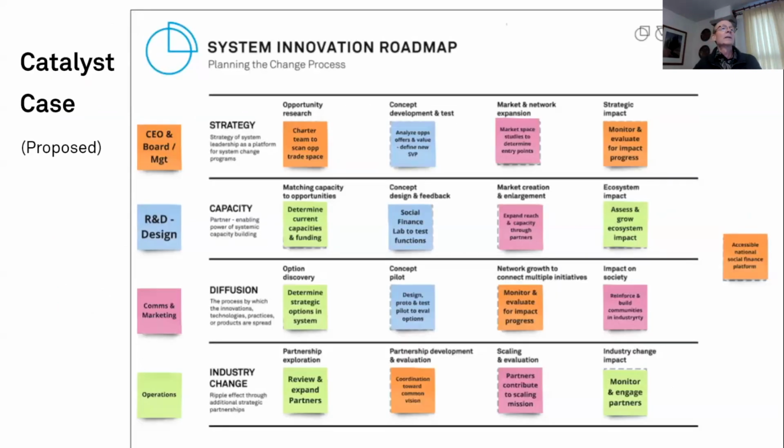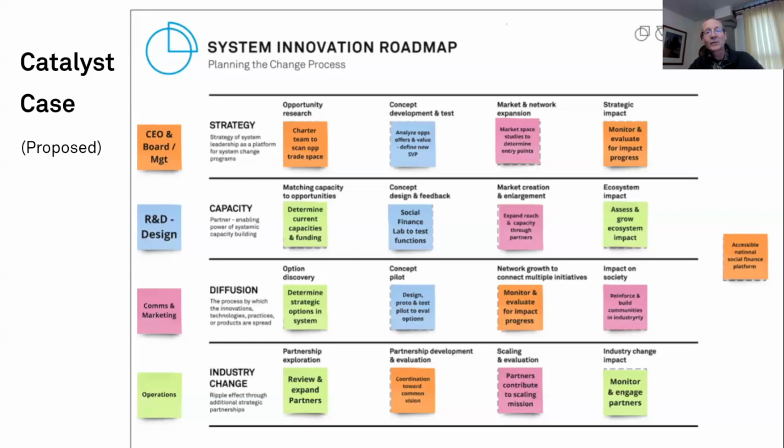So if we translate this again from the social finance platform, this is proposed, they have not seen this. This is just my use of the tool for the system innovation roadmap. I've mapped out on the left what the roles would be. The color for the board or the CEO is orange here, and I put them at the strategy level, which is at the top.